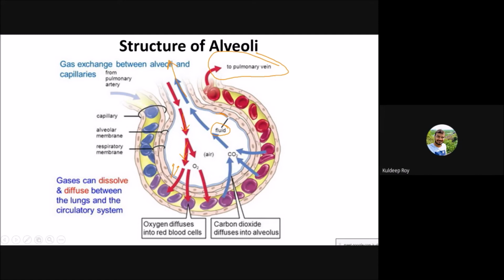But we have seen it in a very crude way. How will you relate it and design it in terms of a chemical engineering equation? You are claiming that oxygen can dissolve or diffuse between the lungs and the circulatory system. Here oxygen will come and cross through four resistances, and then flow in your veins.